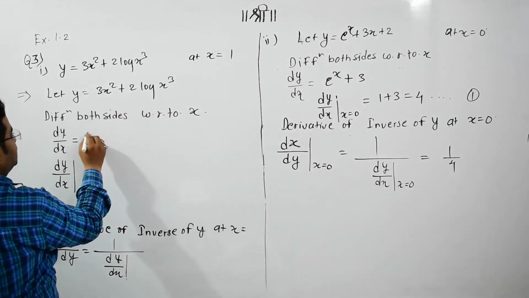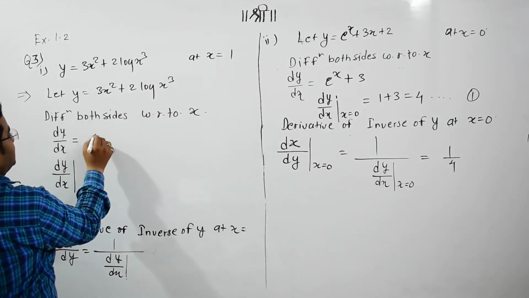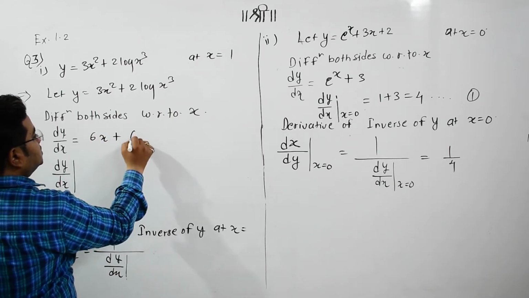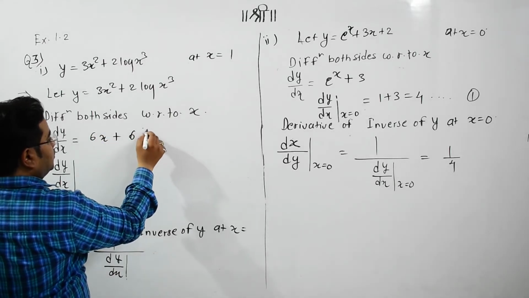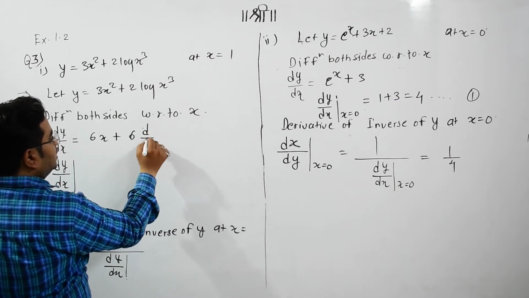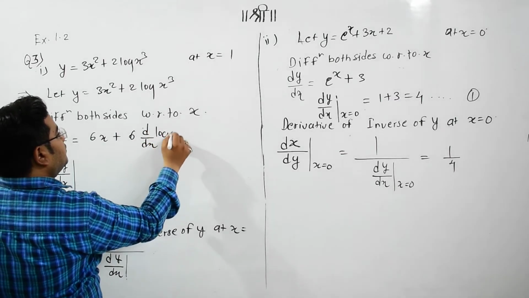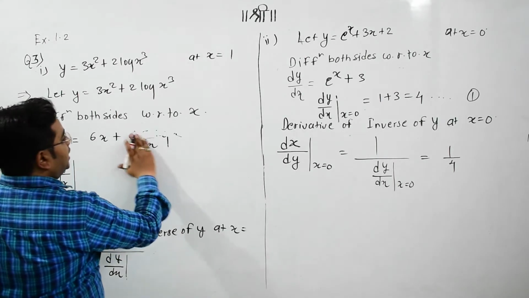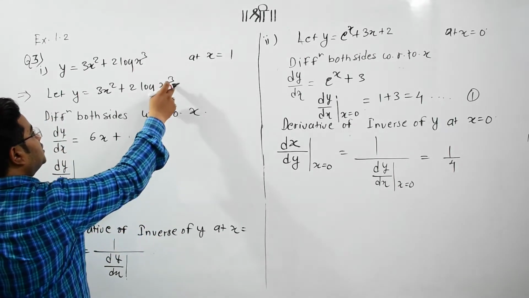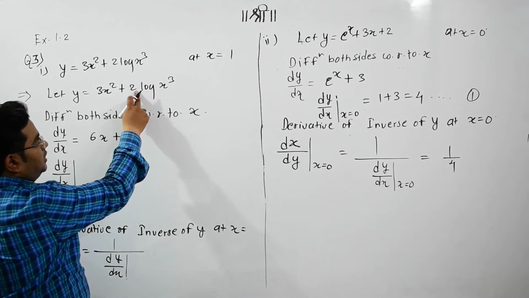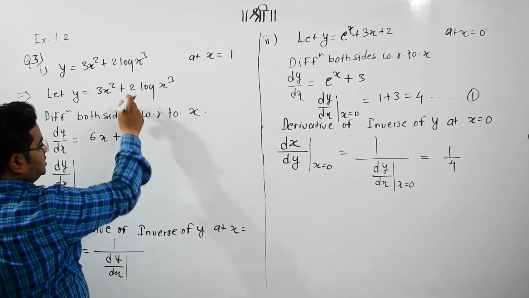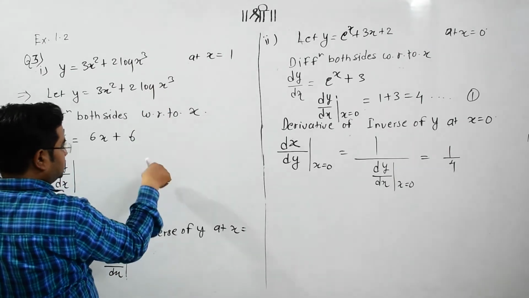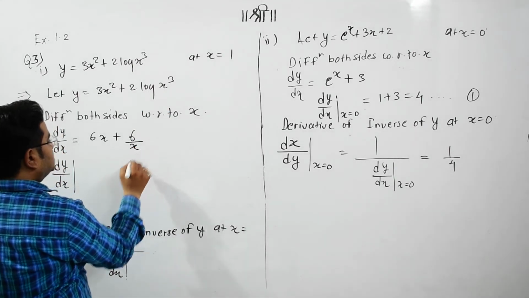So, differentiating both sides, you will get 6x plus 6 times d upon dx of log of x. Hope you like this step. I am doing it directly because this 3 power will come here, and that will be 6, and what remains is log of x. The derivative of log of x is 1 upon x only.